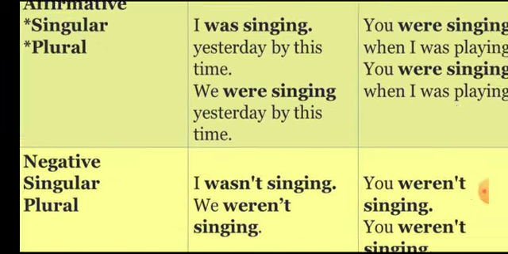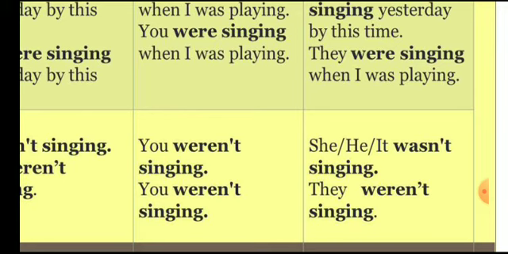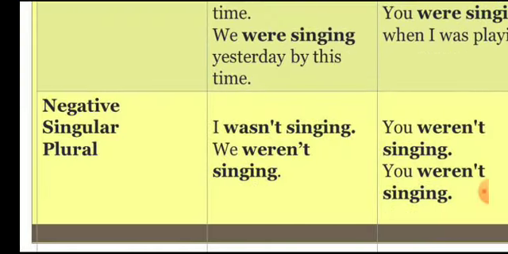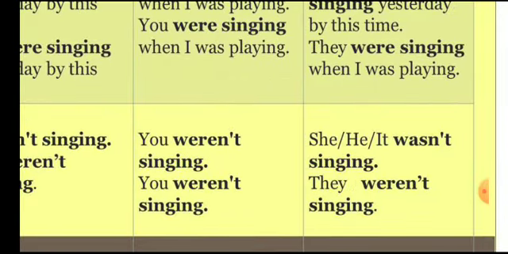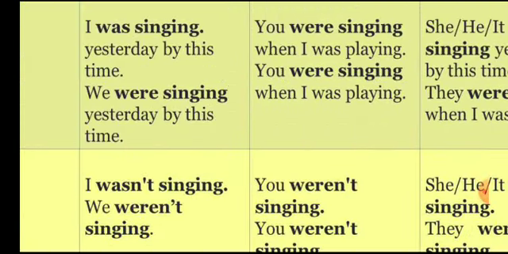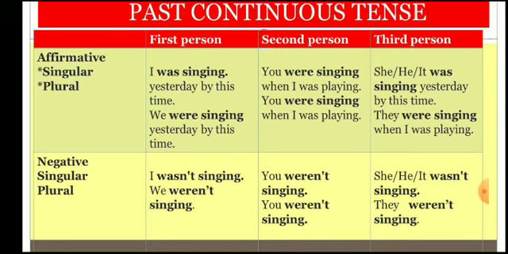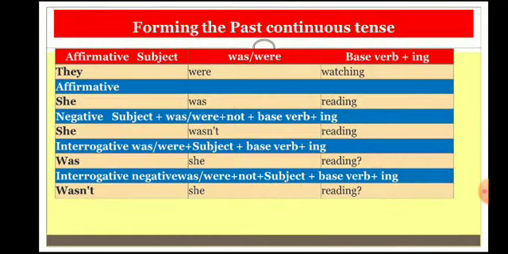Third person singular, he or she or it wasn't singing. And in the case of third person plural, they weren't singing. So here we have learned the examples for affirmative sentences and negative sentences in the case of past continuous tense.